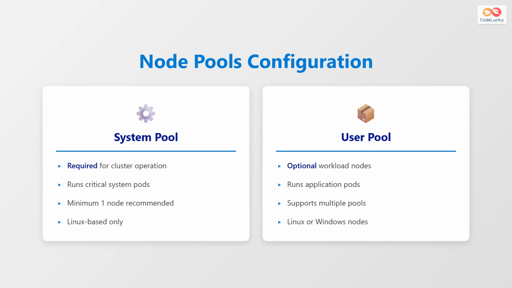User pools, on the other hand, are optional and specifically designed for running your application workloads. You can create multiple user pools with different configurations to match various application requirements. User pools support both Linux and Windows nodes, giving you flexibility in hosting different types of workloads. This separation ensures that system operations don't compete with application workloads for resources.